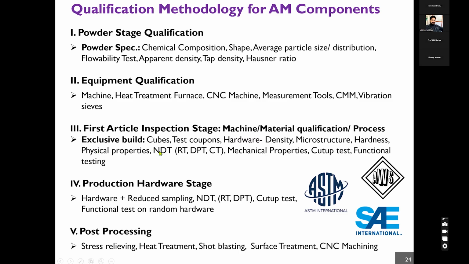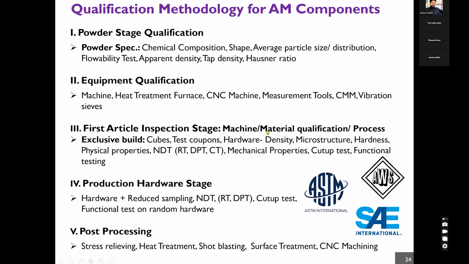We need to carry out non-destructive testing either by way of radiography testing or dye penetrant testing or computer tomography. We need to evaluate the mechanical properties. And very often we tend to replace castings with additively manufactured parts, so we need to do cut-up tests similar to what we do in the case of castings.